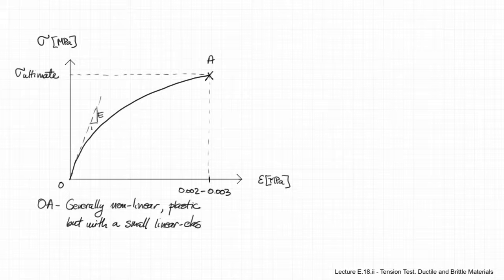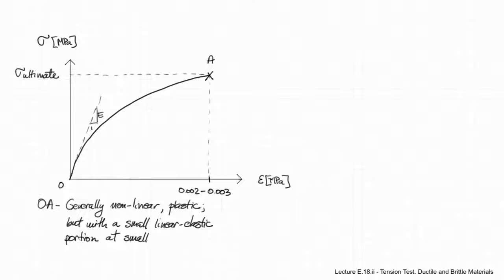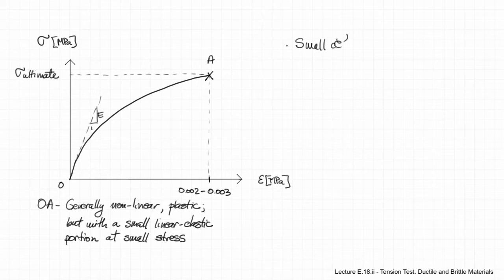So if we determine that slope, we can determine the Young's modulus from that slope. Other than that, the behavior would be generally nonlinear and with some plastic deformation component as well.